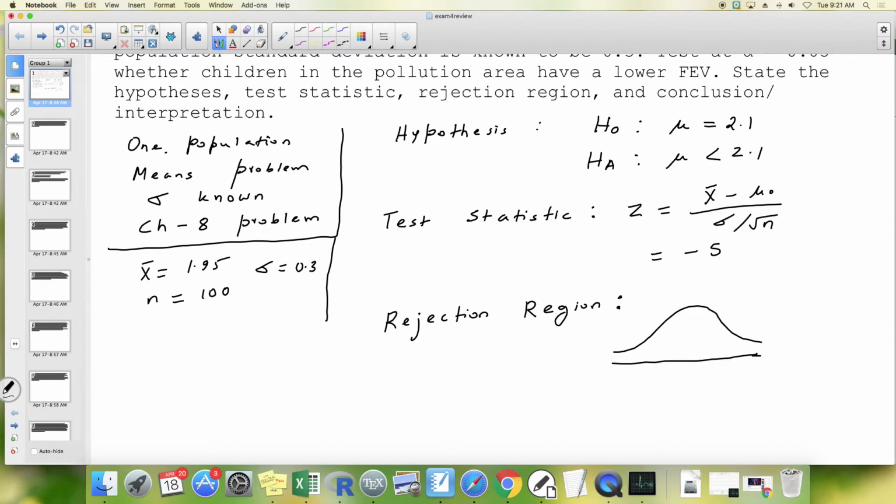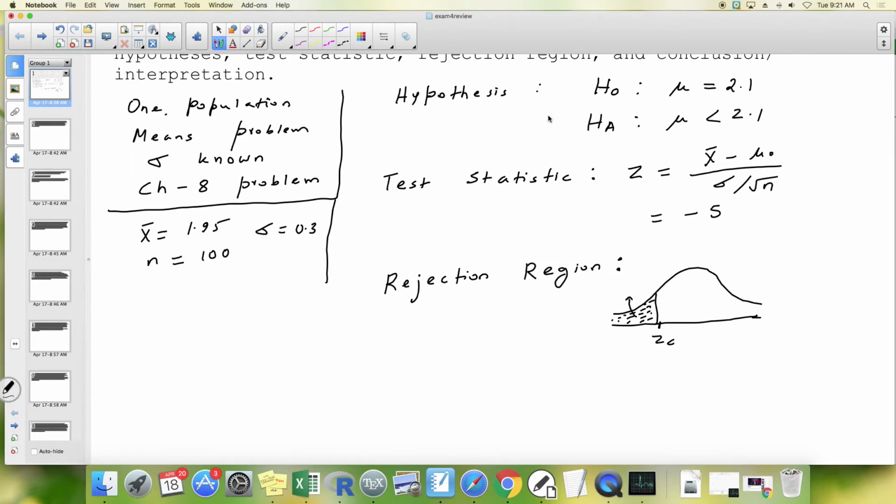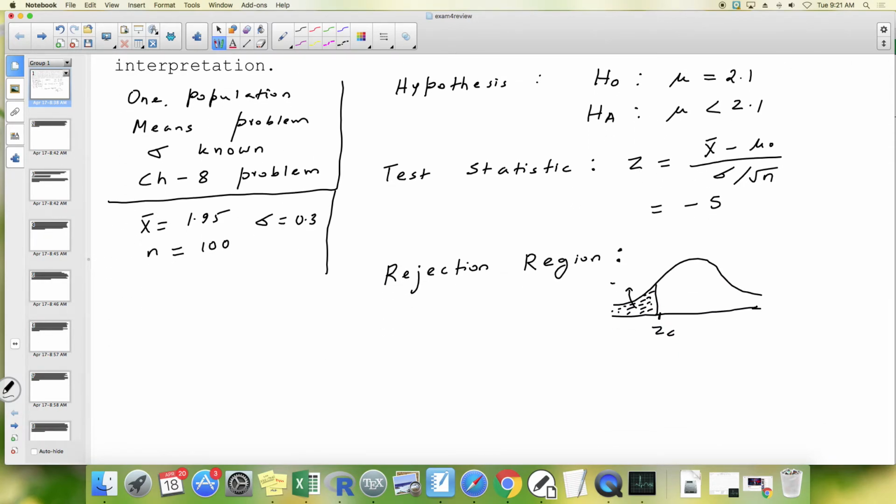So our rejection region should be something like, there is ZC right here, and the left tail should be the region. How fat is the left tail? It should be alpha fat. That means it should be 5% fat. This is 0.05.